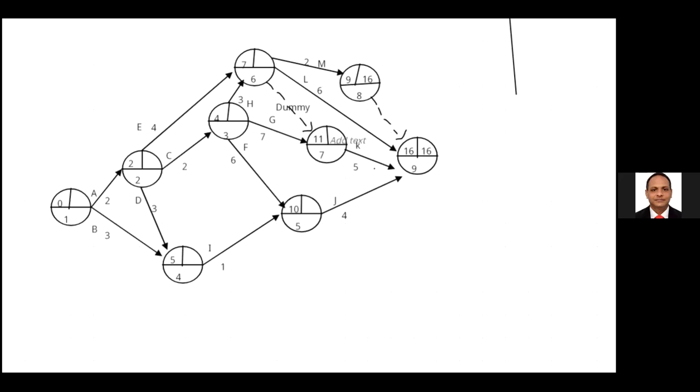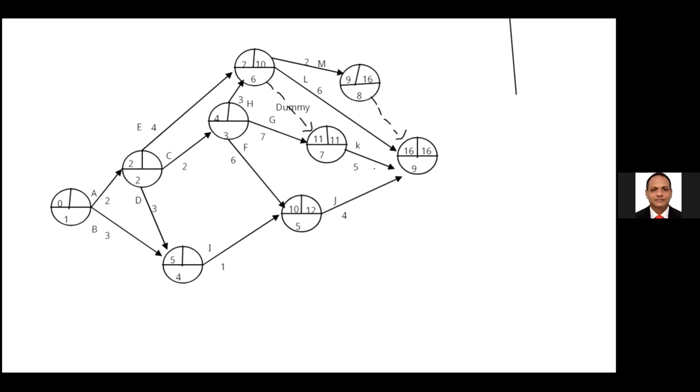Then 16 minus 6, 10 for the sixth event. 10 is the least value. Then 10 minus 3 is 9. 11 minus 7 is 4. And 16 minus 4 for the fifth event should be 12. 12 minus 6, 6 for the third event.